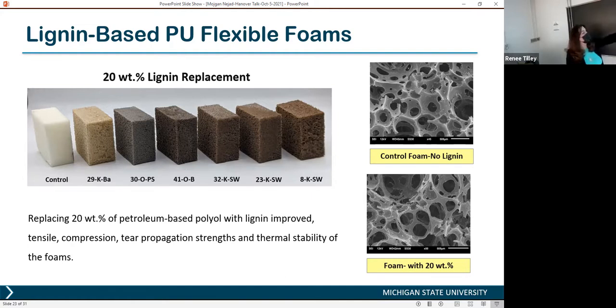As you can see, when I'm talking about the flexible foam application, you see the cells are open. There is a hole fitting. That's the main aspect that we need for cushioning purposes of the flexible foam.